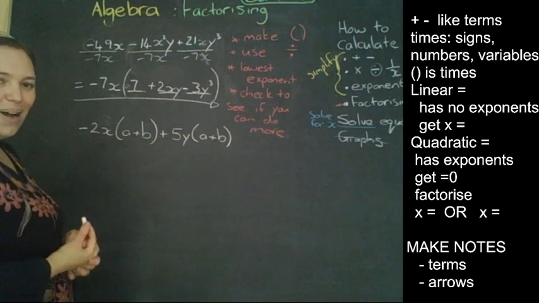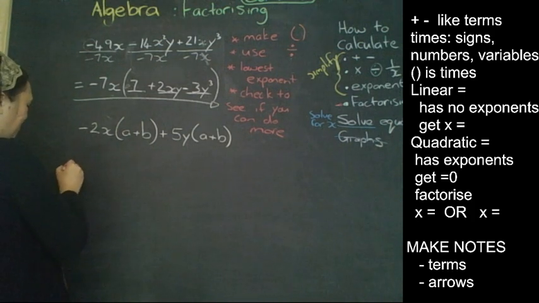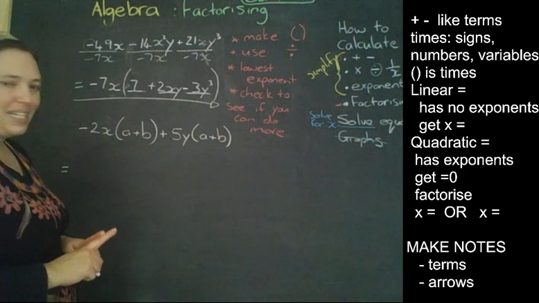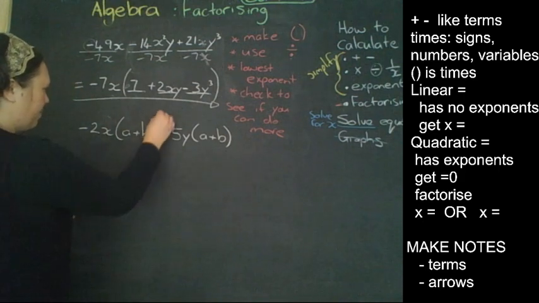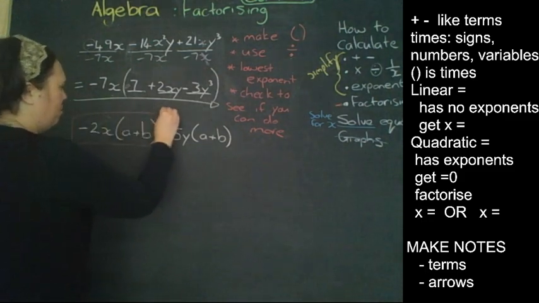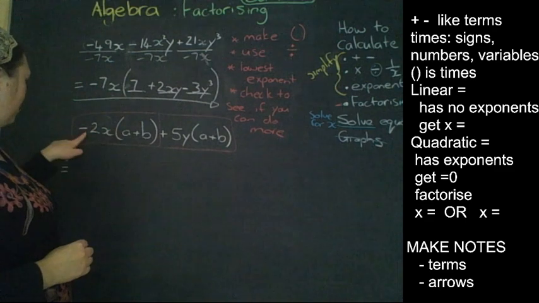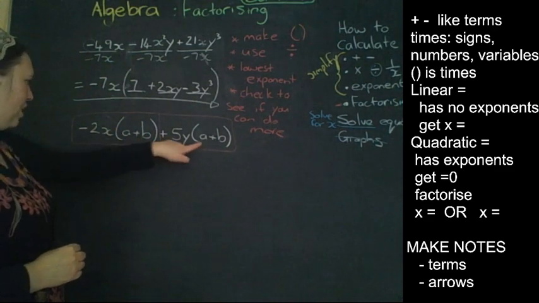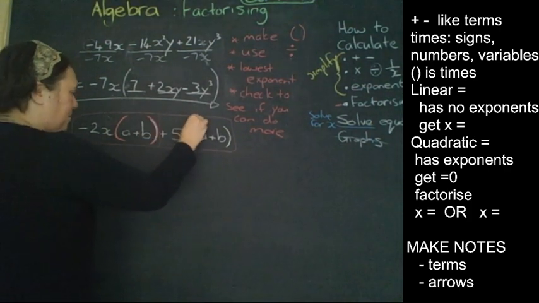What is our common factor? So remember, a common factor is something that is the same in all the terms. That's one term, that's another term. So what is the same? The only thing that's the same is this entire bracket.